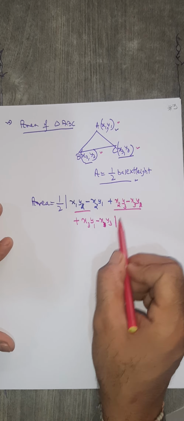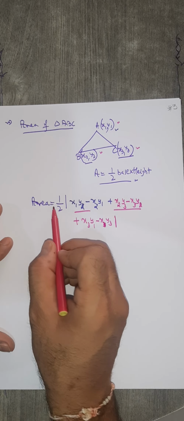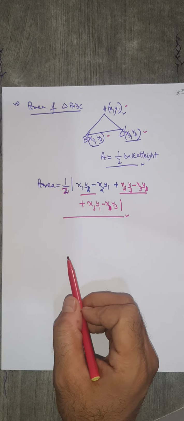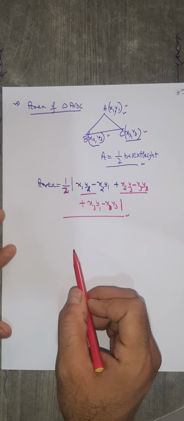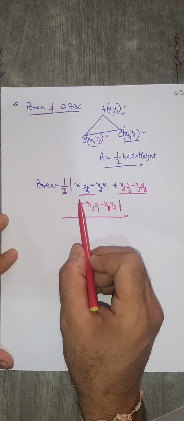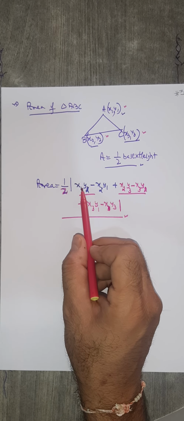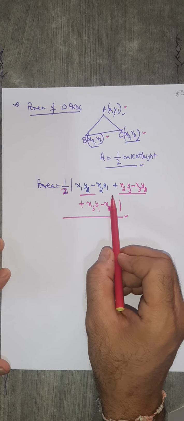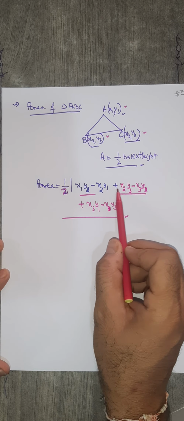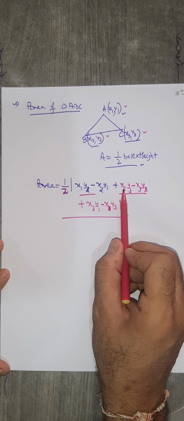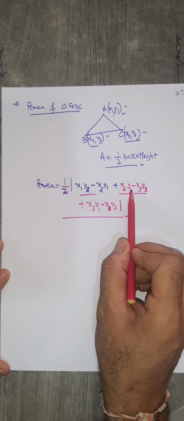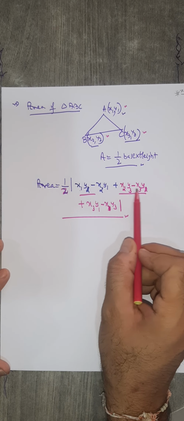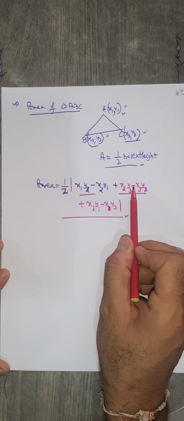Place the values. In case it is negative, make it positive and put half in front of this. This is the area of a triangle. I repeat how I wrote this: x1 y2 minus x2 y1, then x2 y3 minus x3 y2, interchanging these two indices.